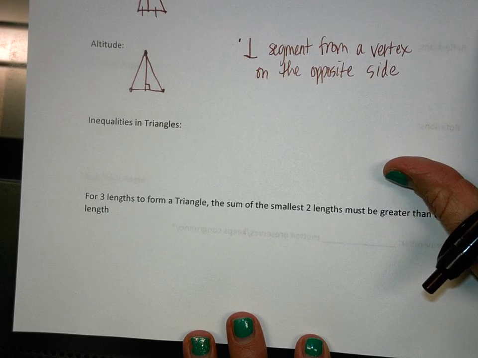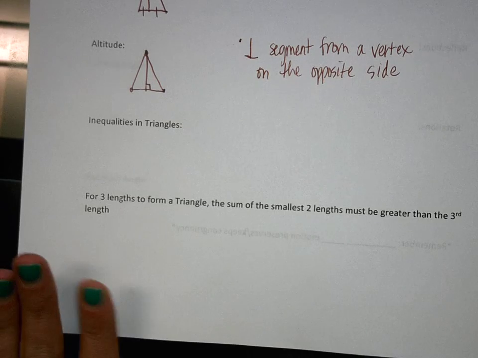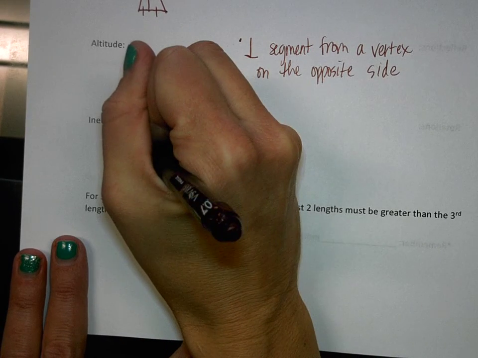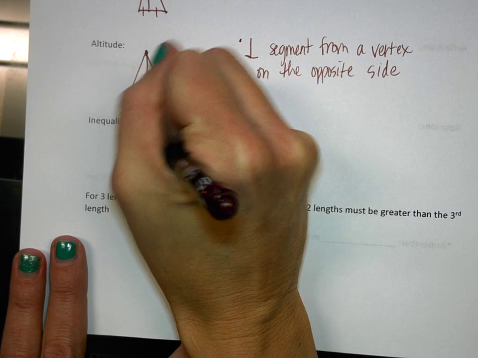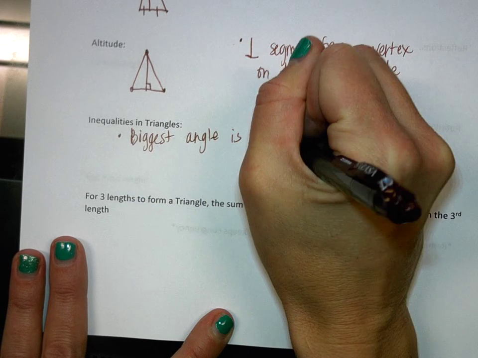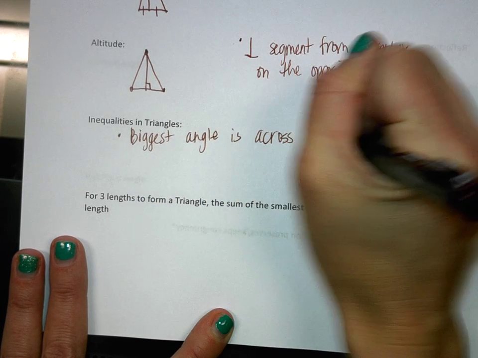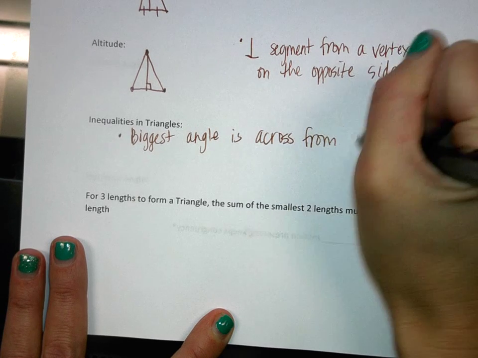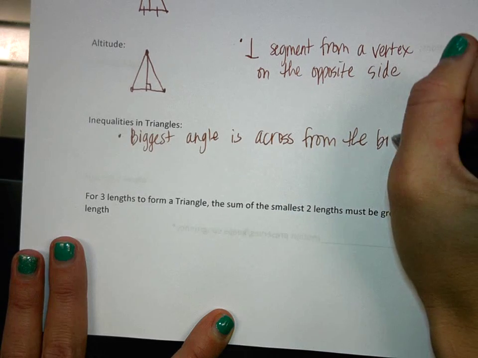Inequalities in triangles. One thing that you need to remember is that the biggest angle is across from the biggest side.